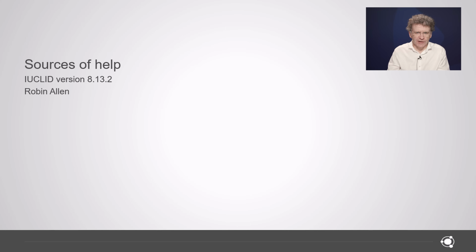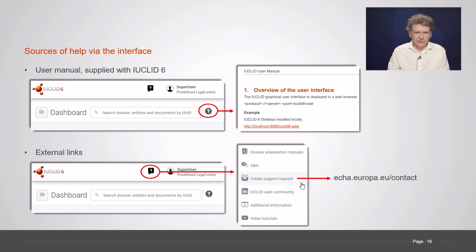Now I will point out some sources of help with Euclid. Firstly, there is help available via the Euclid interface. The question mark above the data window here is a link to the built-in user manual. It describes the functionality of the interface.